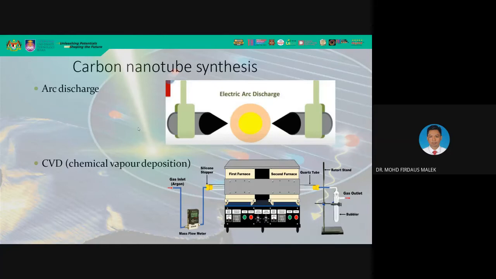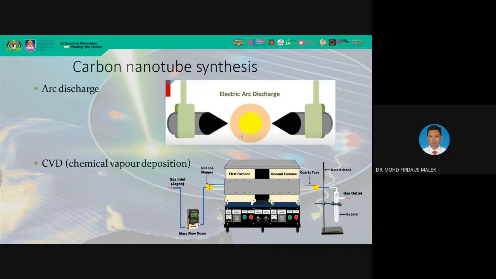In this method, two carbon rods are placed facing each other with about a 1 millimeter gap, usually in an enclosure filled with either helium or argon gas. They can also use a water medium. This arc vaporization of carbon will create nanotubes.